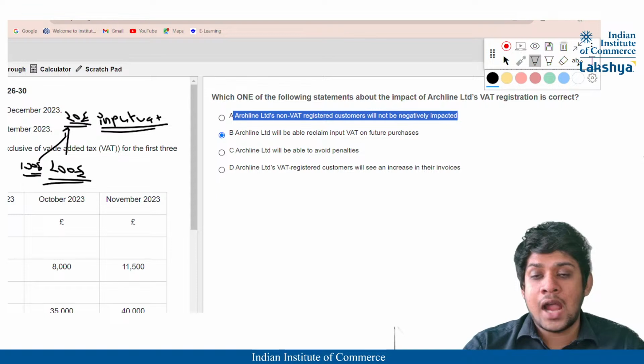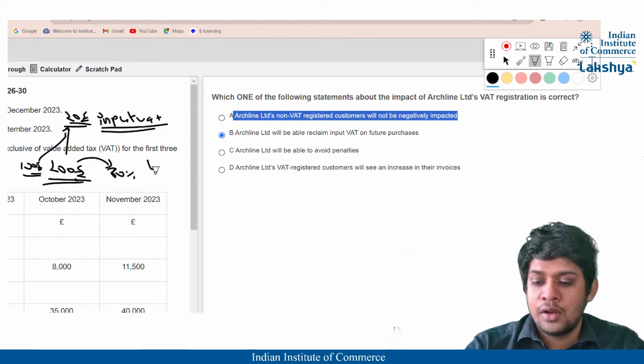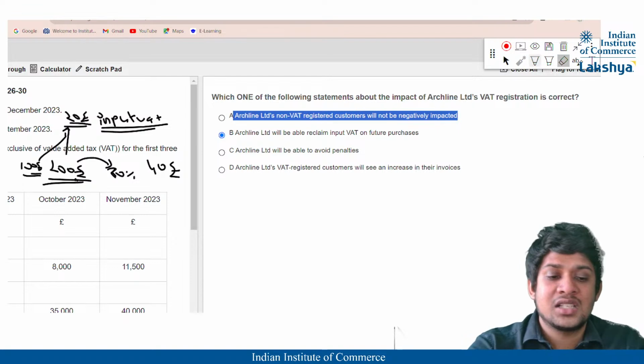Right, I am now registered. So that means I'm shifting my input VAT burden to my customers. So technically, when I'm selling the goods off at 200 pounds, with that 20% VAT also I'm charging to my customers. Correct? Because I want to reclaim my input VAT. So 200 into 20%, 40 pounds also for the VAT I'll charge from my customers.